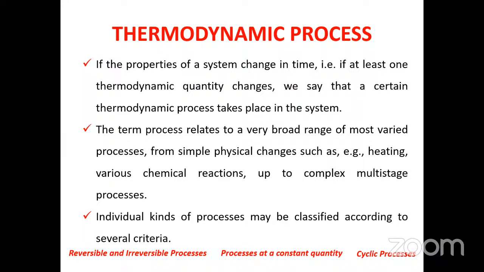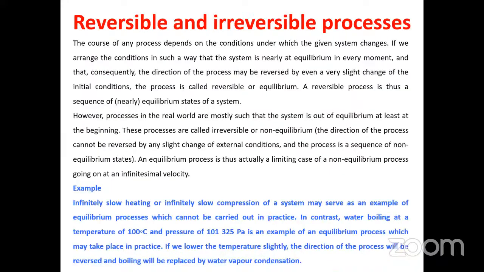We have cyclic processes. So the different processes are classified into these three sets of processes. So looking at reversible and irreversible processes, let's see how I'll explain to you and you'll be able to understand it easily.